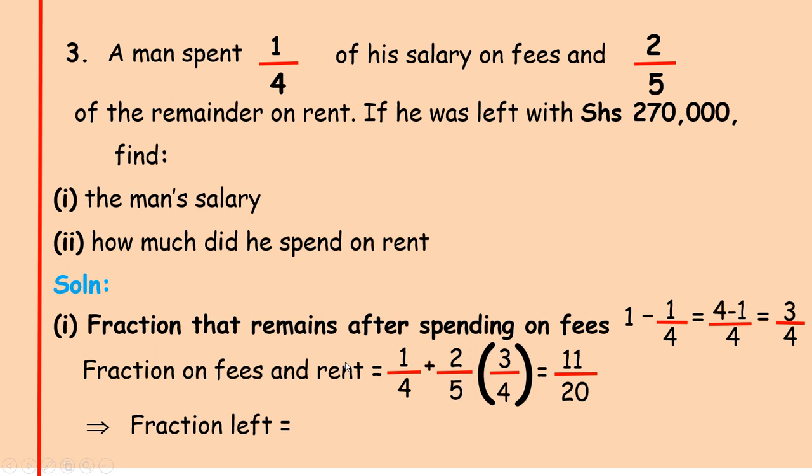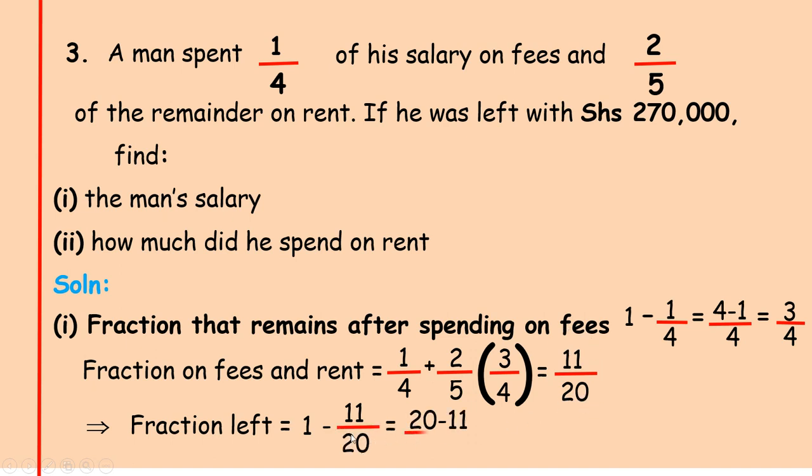Now after spending 11 out of 20 on fees and rent, what will be remaining? We take one whole number minus what has been spent on fees and rent, which is 11 out of 20.